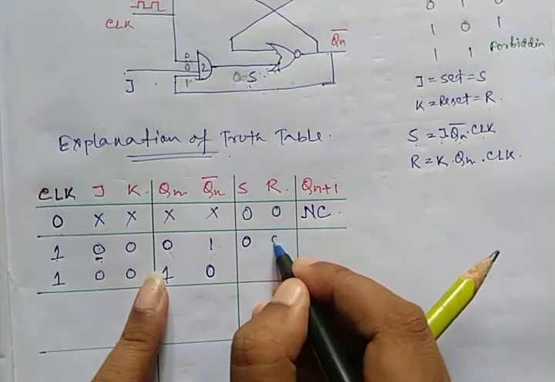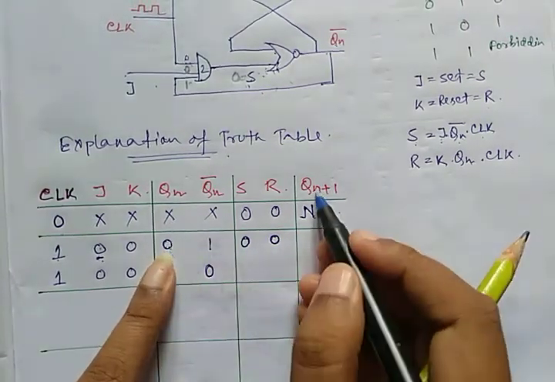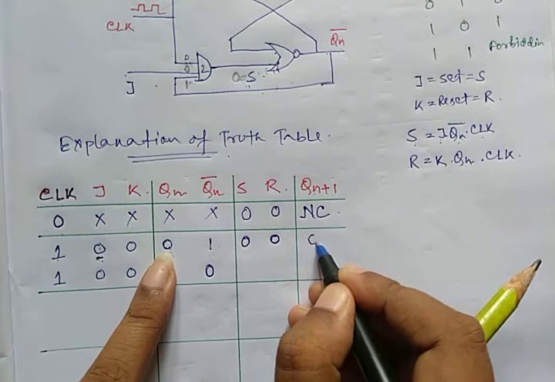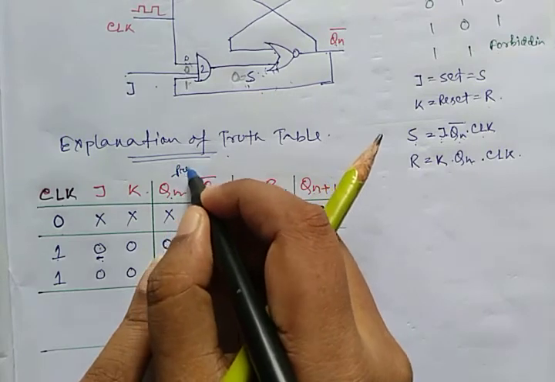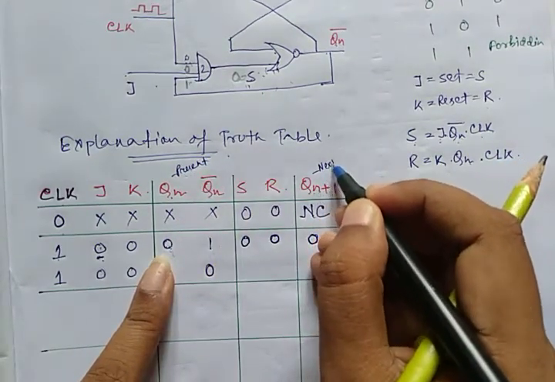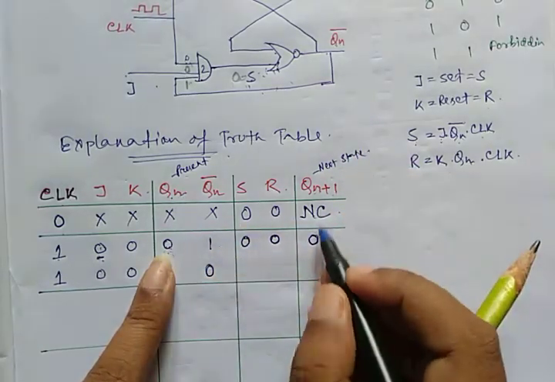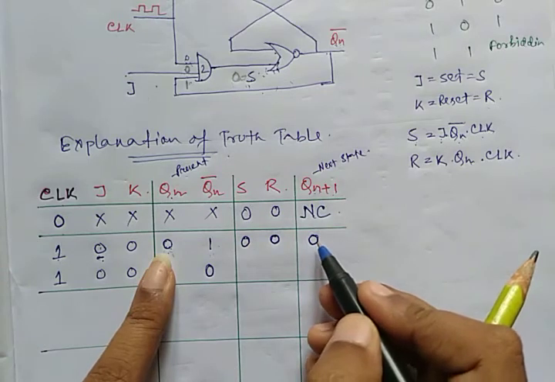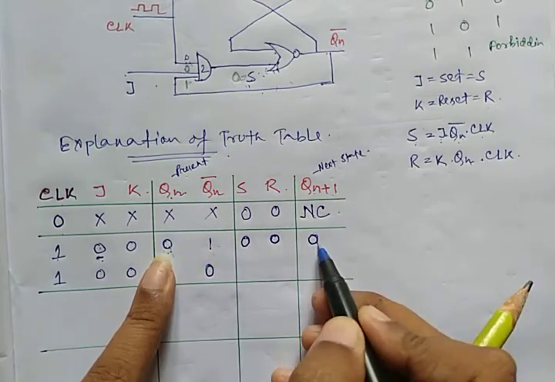As Qn is 0, Qn plus 1 is also 0. No change means whatever be the present state, that value we get in the next state. So it is 0, and it is also 0.